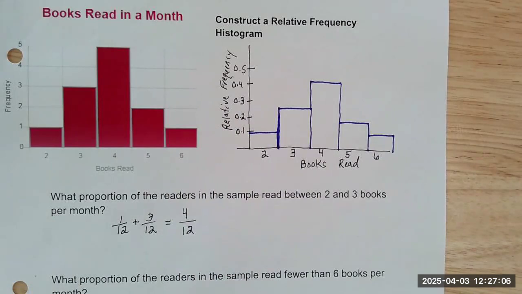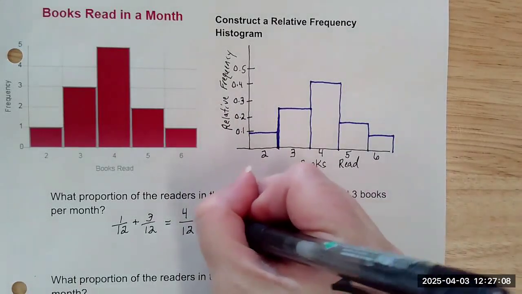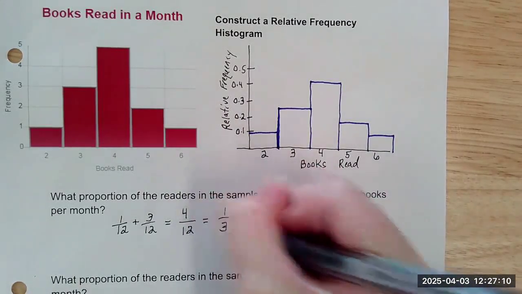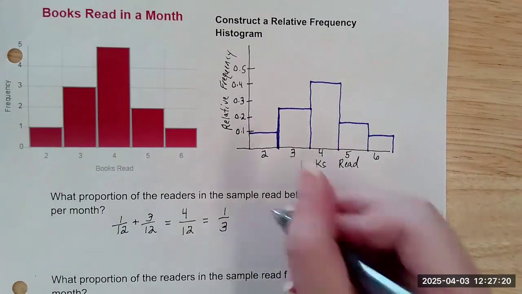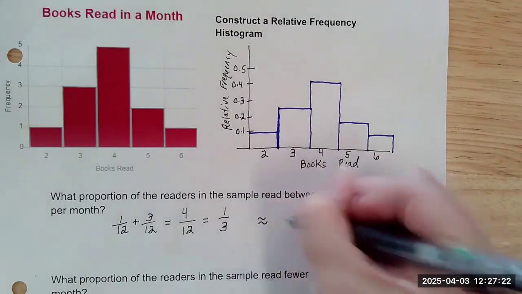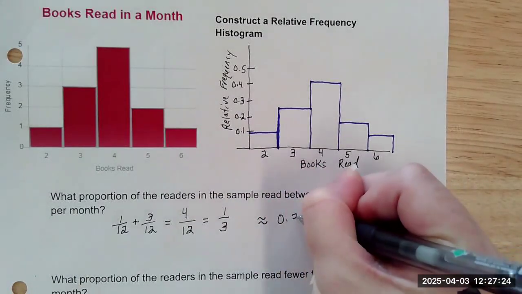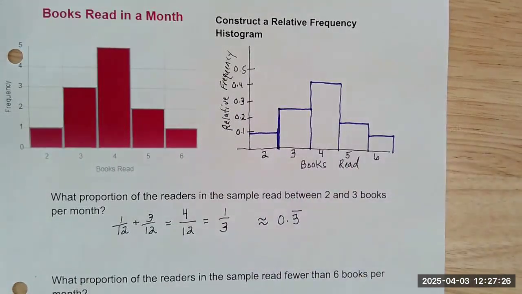4/12 is the same thing as 1/3 if I simplify that fraction. You don't have to simplify the fractions. 4/12 is perfectly okay. But 1/3, you might know what the decimal equivalent of 1/3 is. It's 0.333333 forever. So as far as a percentage would go, or a decimal would go, we'd say that 0.3 forever.